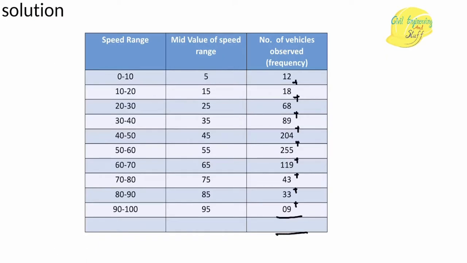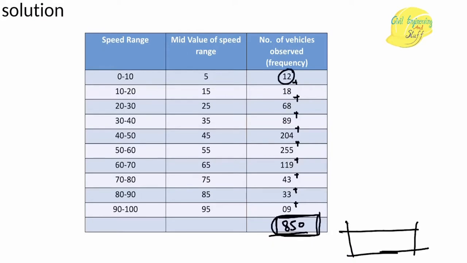During our spot speed survey, we had 850 vehicles passing the road section. Out of these 850 vehicles, what was the proportion of these 12 vehicles? The percentage frequency can be found by 12 divided by 850 into 100. So this comes out to be 1.41.